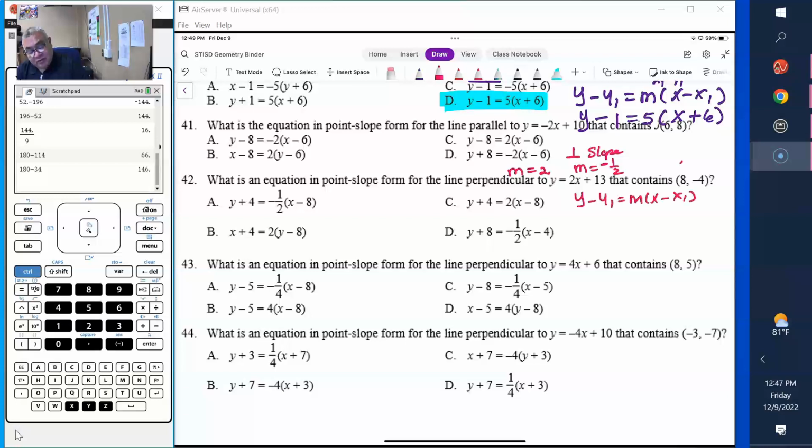So what is y1? This is x1, y1. So y1 is negative 4. So you have y minus a negative 4 equals negative 1/2 times x minus 8. What happens when you have a minus and a negative? It becomes positive, so you have y plus 4 equals negative 1/2 times x minus 8. So what is your answer? I think this is a negative. Answer is B.